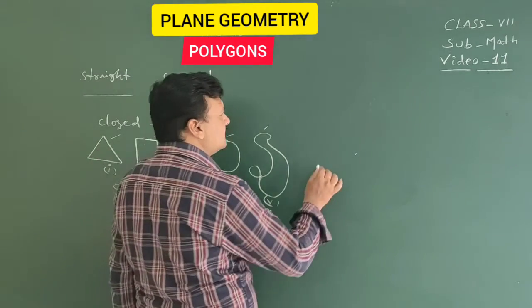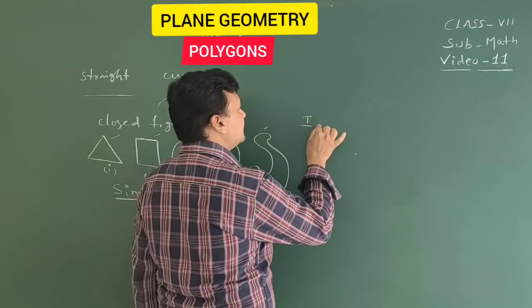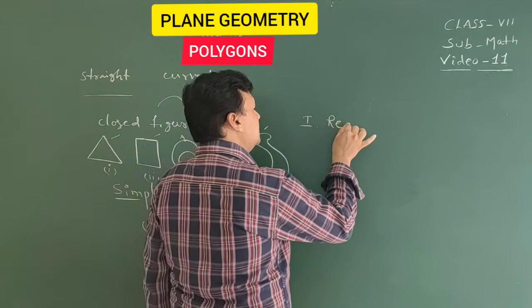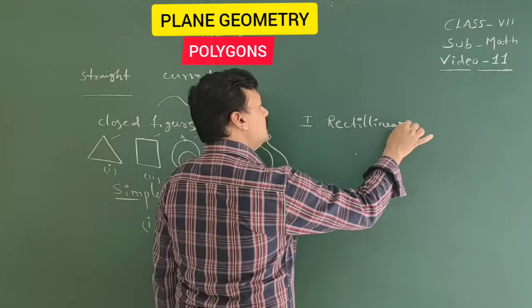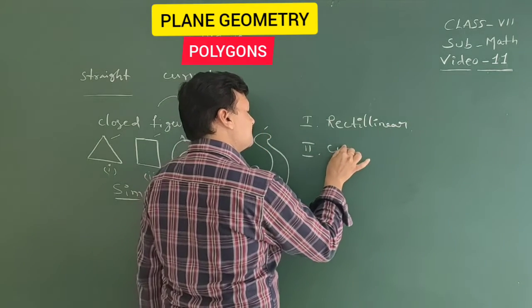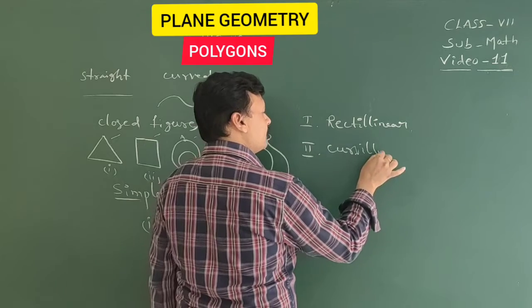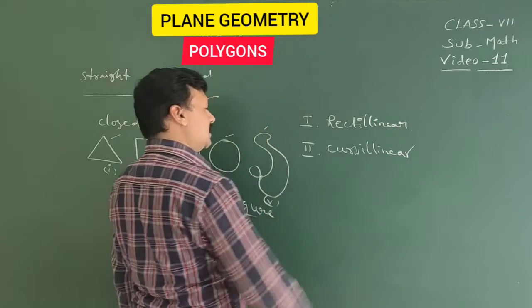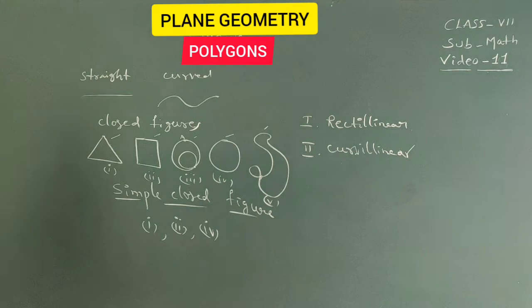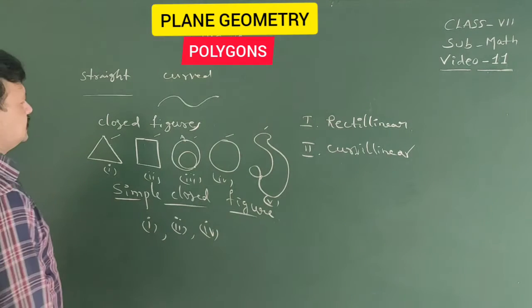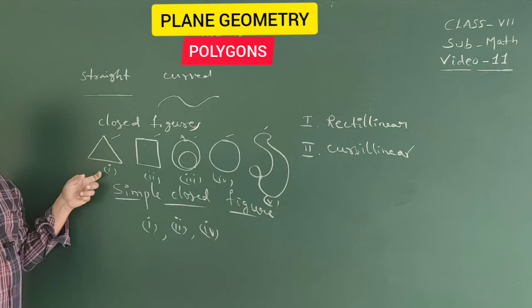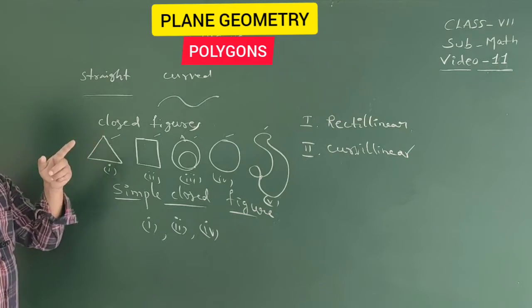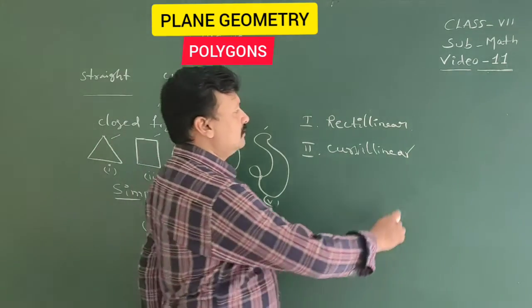Among simple closed figures we have mainly two kinds: rectilinear figures and curvilinear figures. Rectilinear figures: simple closed figures bounded by three or more line segments are called rectilinear figures or polygons.